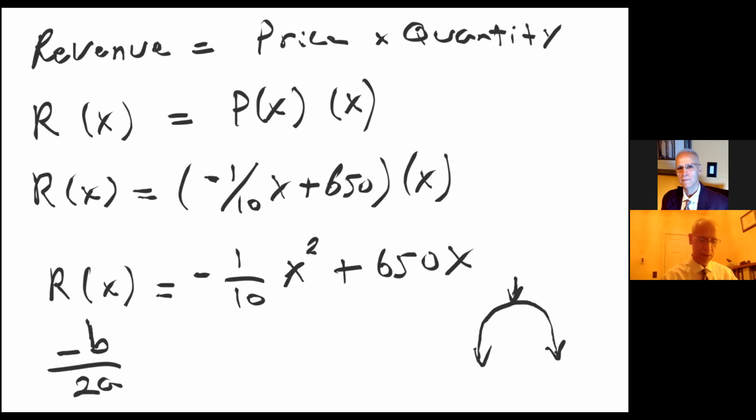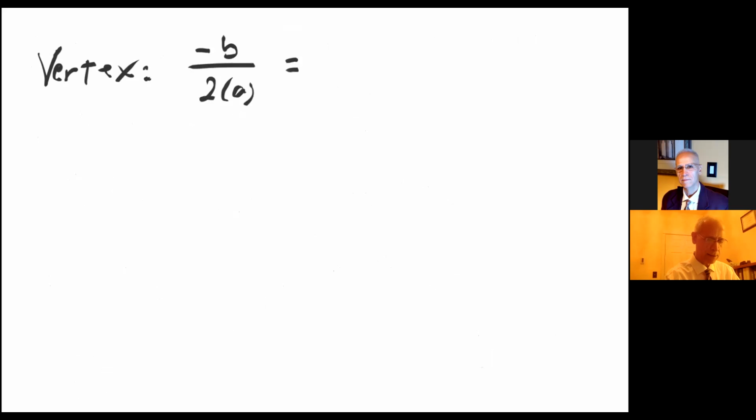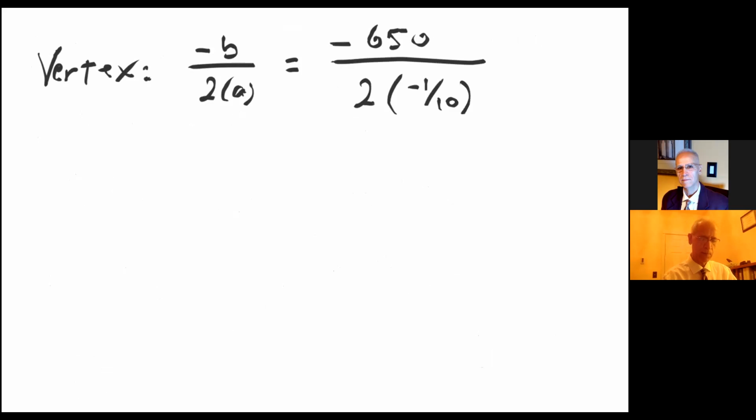So b is 650 and a is negative 1 over 10. Going to the next page, the vertex is going to be minus b over 2a. That's minus 650 over 2 times negative 1 over 10.